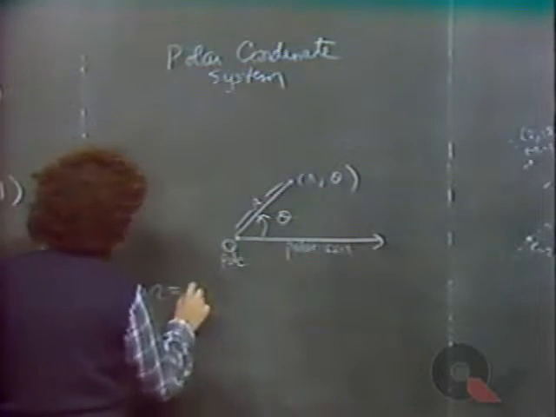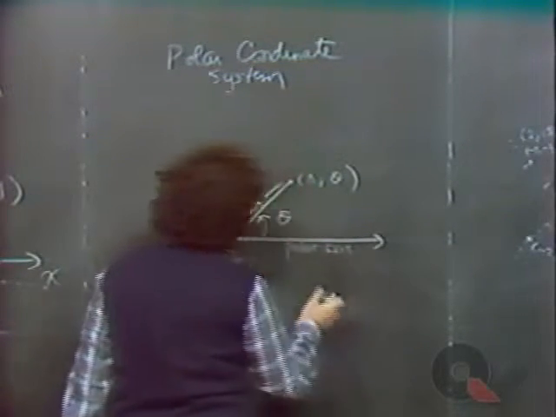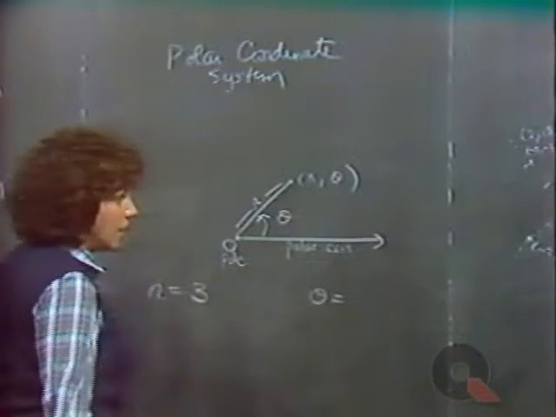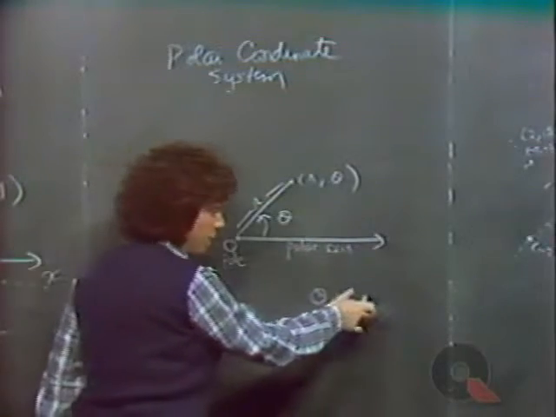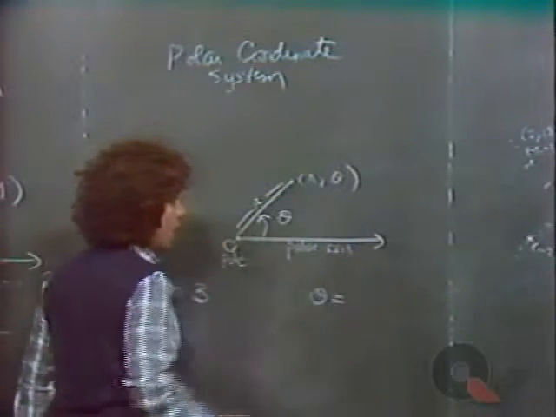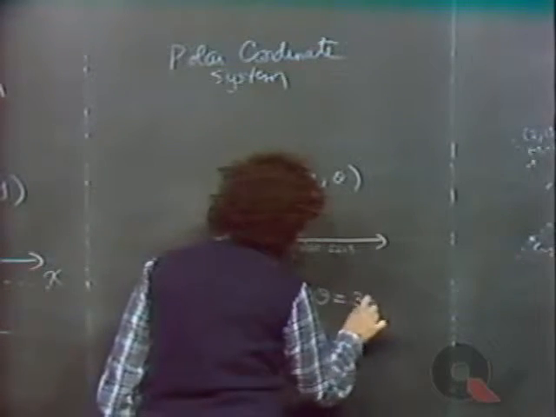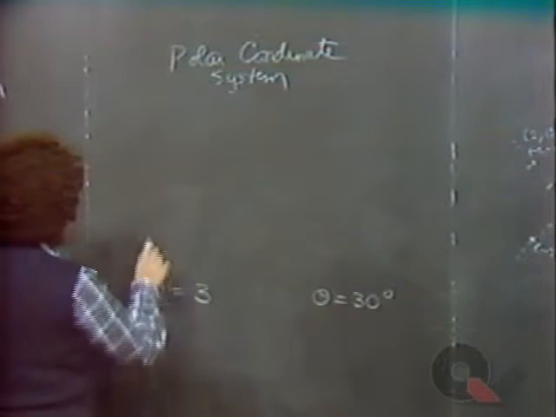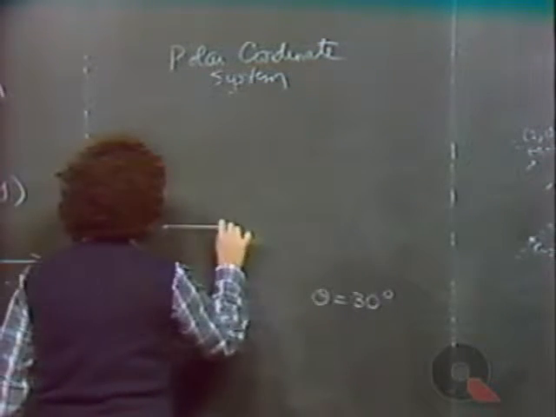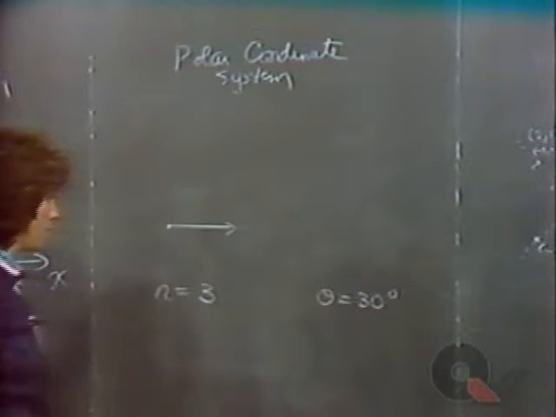For example, r might be equal to 3, or theta could be equal to any number, for example, pi over 6 represents an angle. Any real number can be thought to represent an angle in radian measure, but just for what we're doing now, we could even use, say, 30 degrees. Where are all those points that have, in the polar coordinate system, r equal to 3?